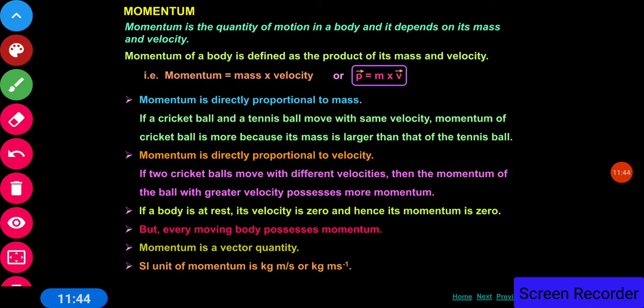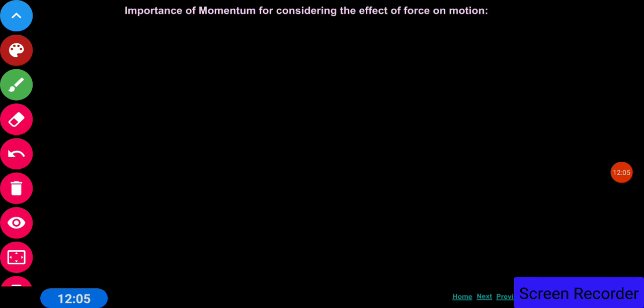The SI unit of momentum is kg m per second, or kg m s^-1. This is only the way of writing. The CGS unit of momentum is gram centimeter per second, or g cm s^-1, but it is always read as gram centimeter per second or kilogram meter per second.